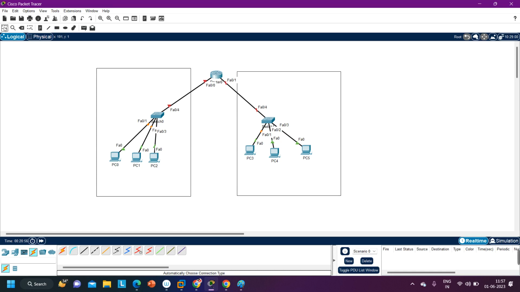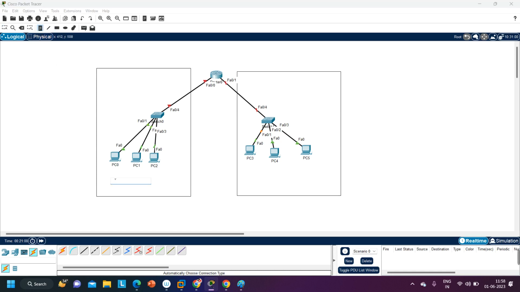2 network IDs. So let's say this is LAN 1, and in LAN 1 we have 100 users. This is LAN 2, and here we also have 100 users.